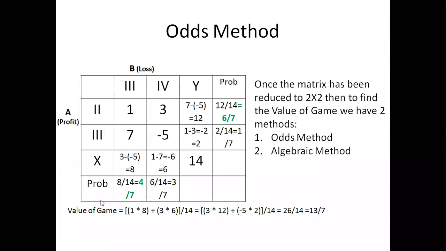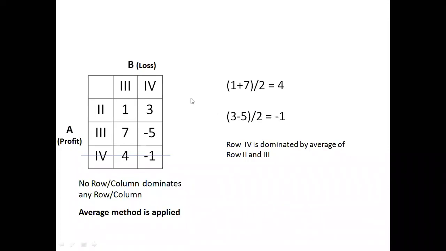Average 4 is greater than or equal to 4, and average minus 1 is greater than or equal to minus 1. So the average of row 3 and row 2 is greater than or equal to row 4, is it? So the relation holds, it is greater than or equal to, so we eliminate row 4 now.